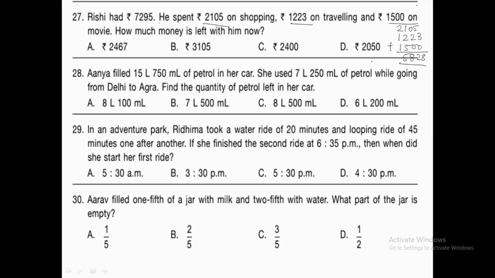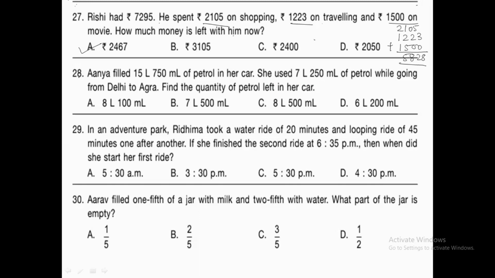Okay, so we need to subtract 5,828 from the given number in the question. When we are subtracting these two numbers, we are getting 2,467. So that's how we are getting our answer, which is option number A.